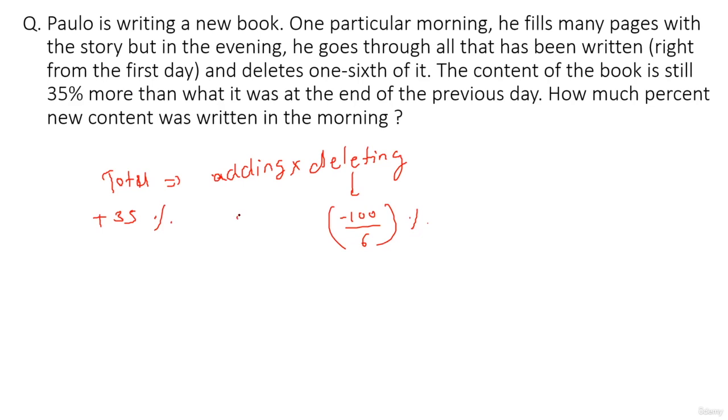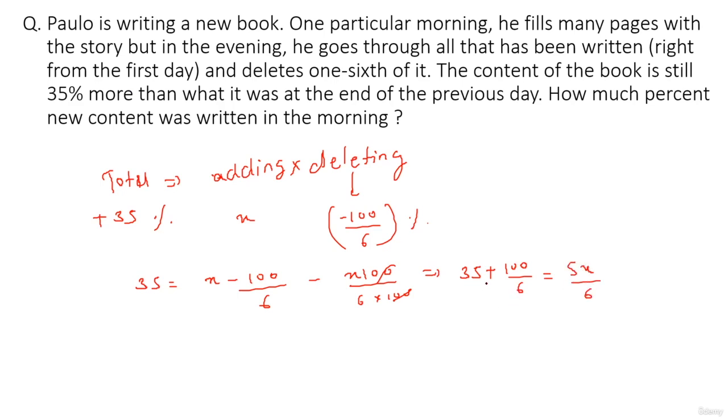So let's say the content being added is x. Now you directly apply the formula, you will find the value of x. 35 is equal to a plus b plus ab by 100, with a as x and b as minus 100 by 6. 100 by 6 you can take on the right hand side. You will get 35 plus 100 by 6 is equal to x minus x by 6, which will be 5x by 6.